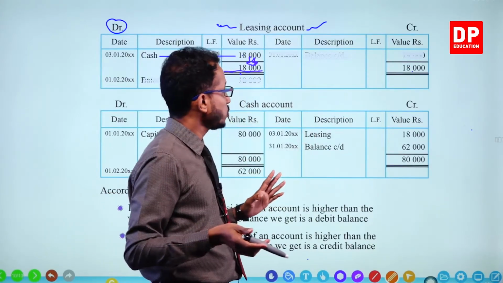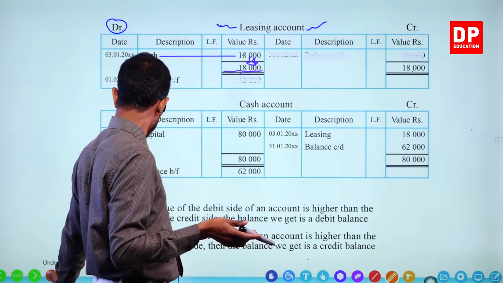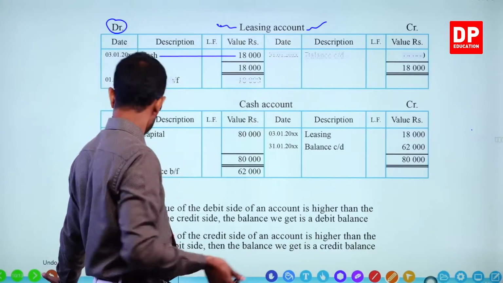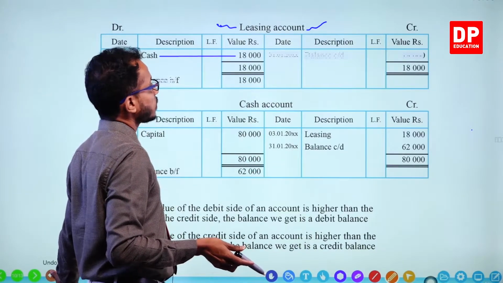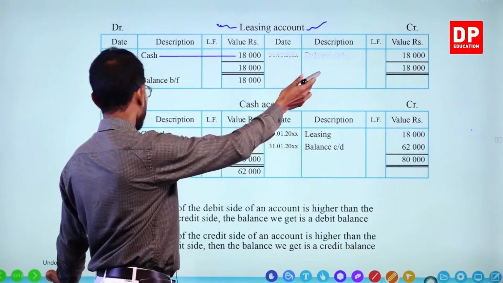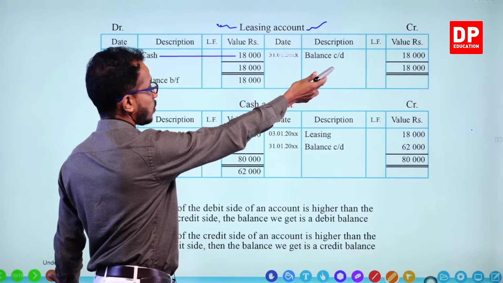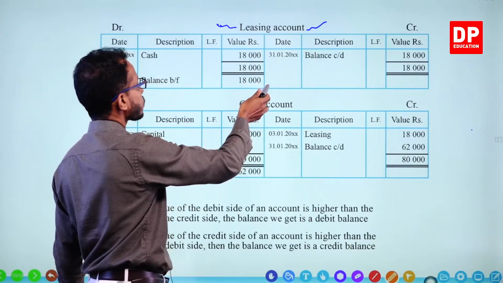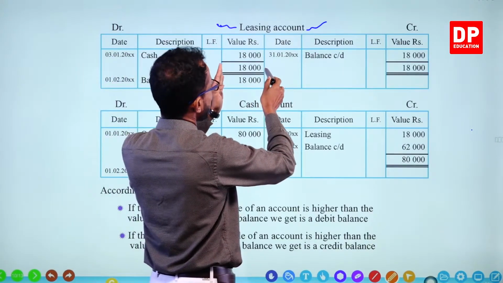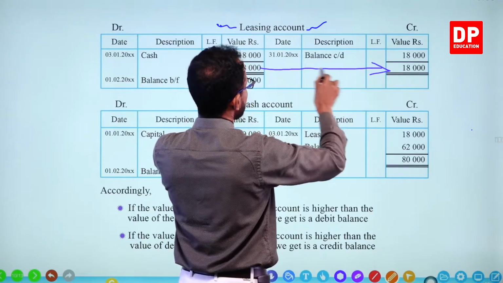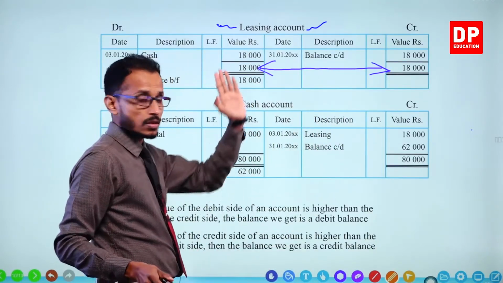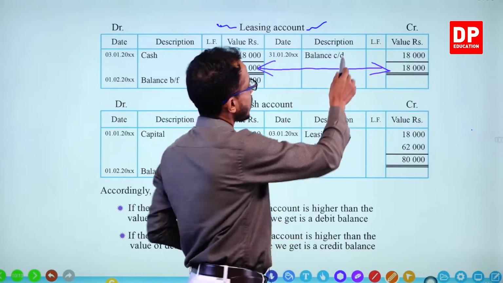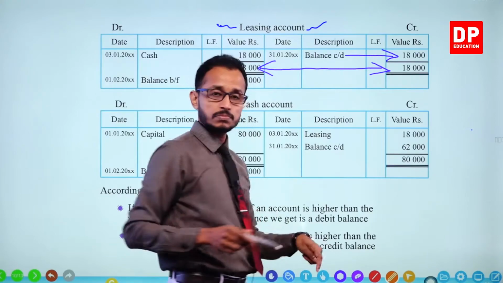What you do in an account like this, children, is write the debit side total in the credit side sum box too, and because there's nothing to subtract, no entry, the balance also becomes 18,000, the same amount.